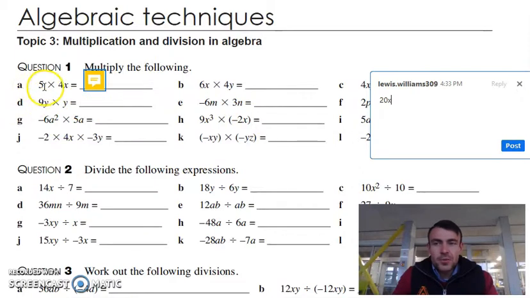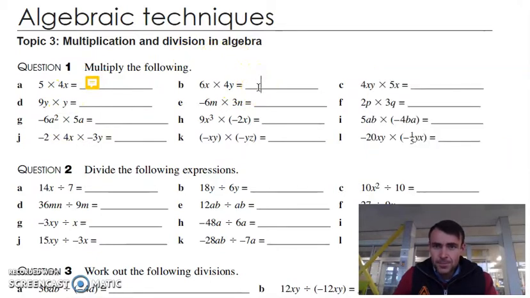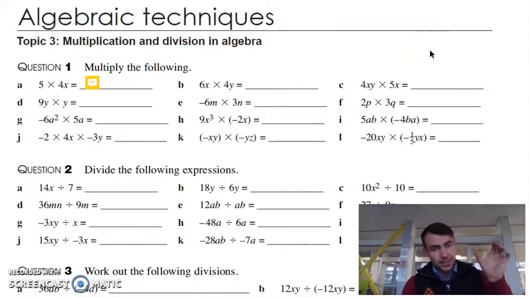This one has worked because we have a number at the front without any letter and then only one. But what if we've got two different ones, like in the one next to it? Well, I'm still going to times the numbers together, but I'm also going to times the letters together. So my two numbers together, 6 times 4 in my calculator, is 24.